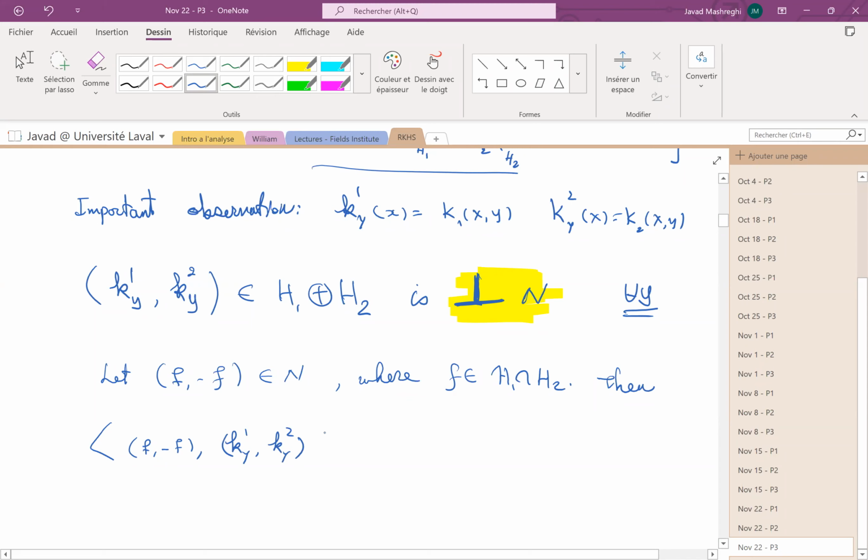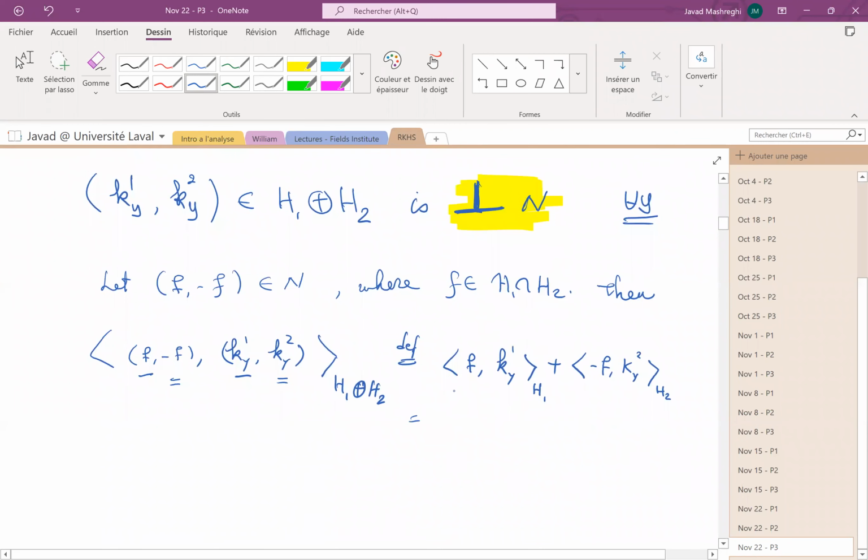That's another element, both elements in the space H1 plus H2. By definition, it's the inner product of the first two components, f and k_y^1 in the first space, plus the inner product of the second two elements, minus f and k_y^2 in the second space.